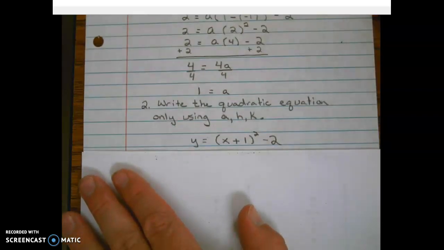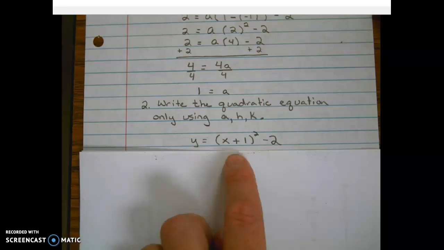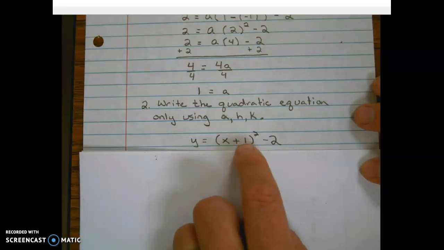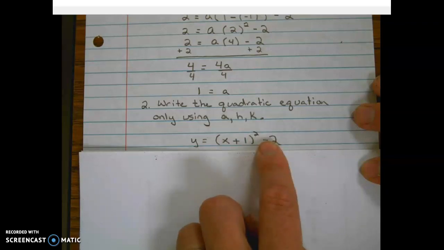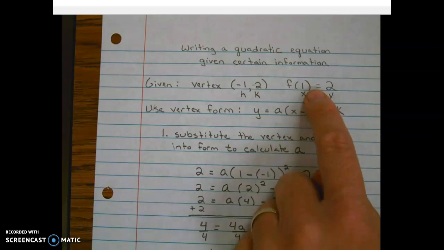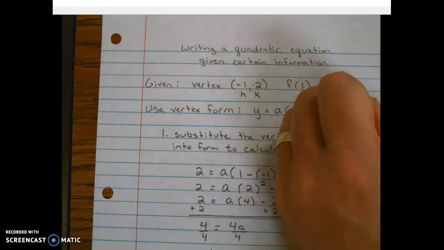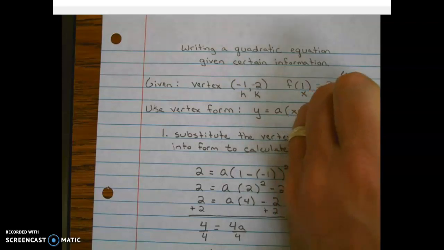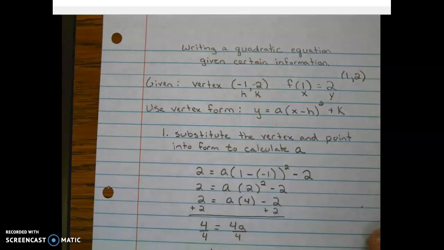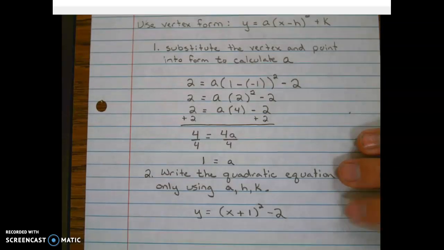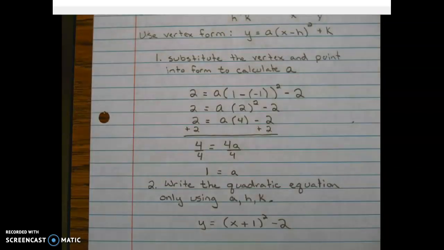And now we have the equation for a quadratic function that has a vertex of -1, -2, and it goes through the point 1, 2. Okay, good. Now there's 2 more forms for the quadratic equation that we're going to be using.